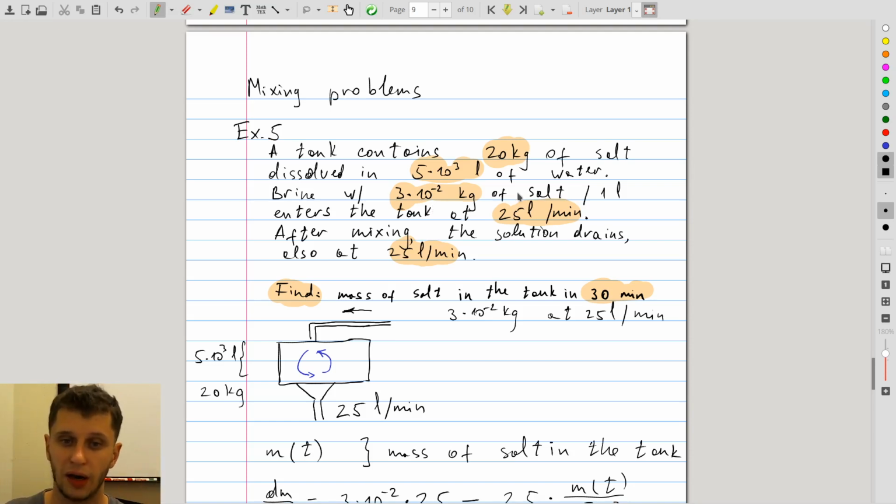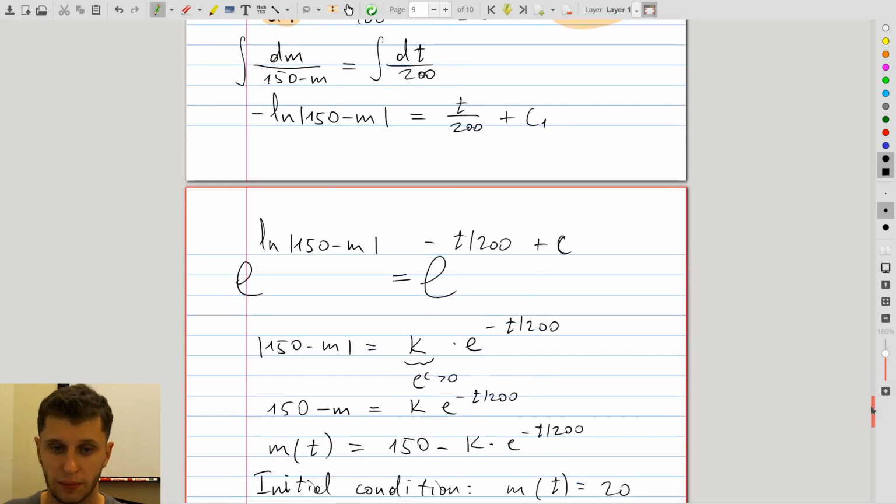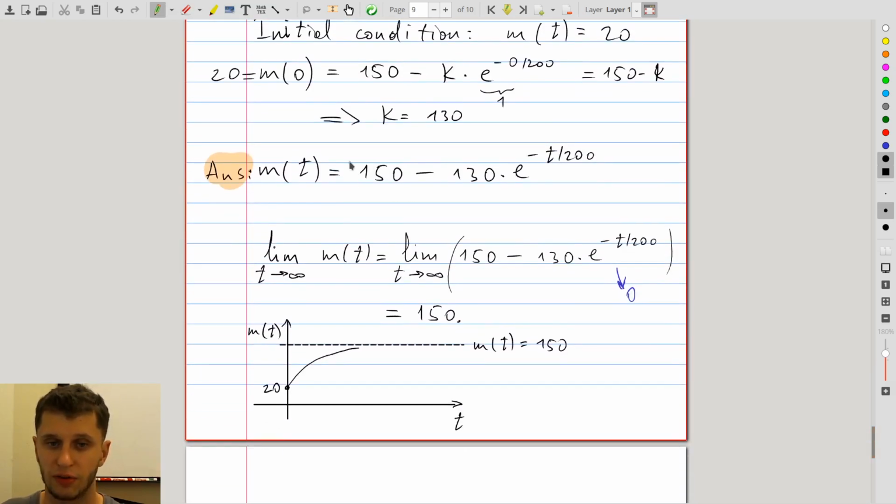Now, since the brine has concentration at 3%, after we let the system run for a long time, we will also have concentration of 3% in the tank, and that means we have 5,000 liters total. That's roughly 5,000 kilograms of total mass, and if you multiply 5,000 by 3%, you get precisely 150 kilograms, as we see here.